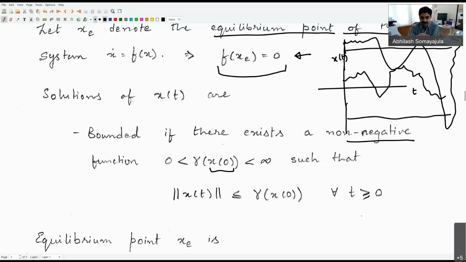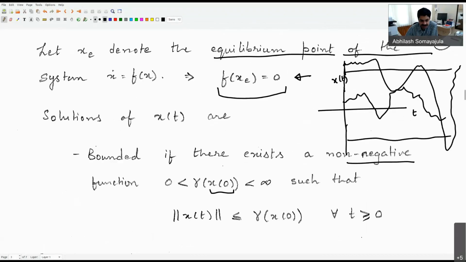At that time, I have to say that now based on my new initial condition, the bound will be 6 meters, let us say. Is that making sense? Yes, sir. Okay. All right. So that is what boundedness means.